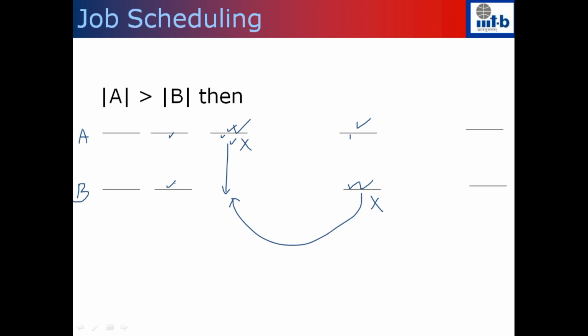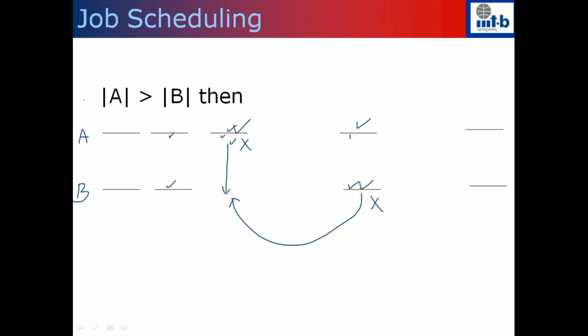So at some point our procedure should stop with the condition that on a particular day, A is doing something but B is not doing anything, and the job which A is doing on that day is not done by B on any other day. In that case you can move that job to B and still have a valid schedule for B. This proves that the exchange property is satisfied.